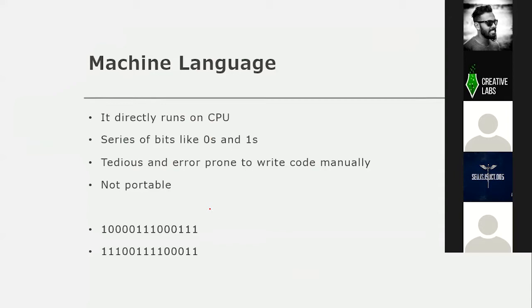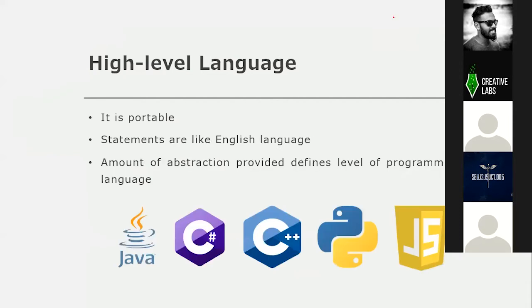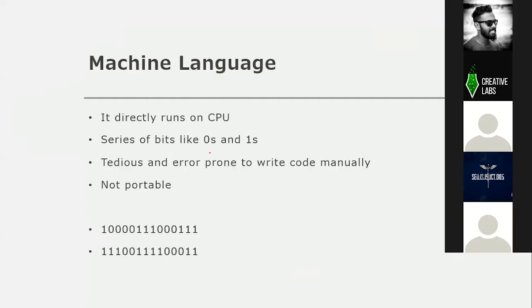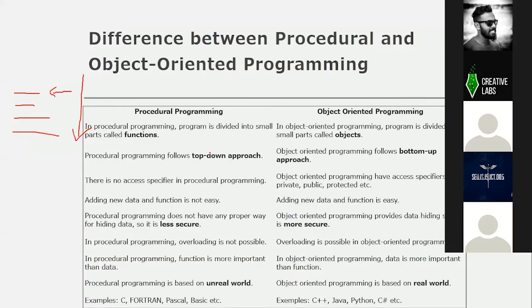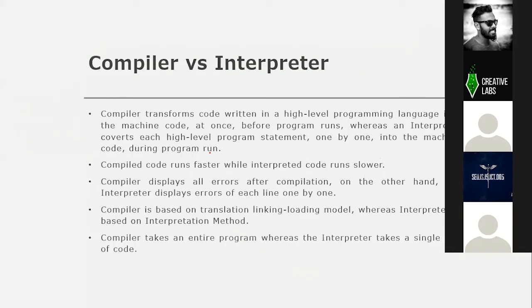As I mentioned before, the computer only understands ones and zeros, those 2 bits, nothing more than that. Here the statements are like the English language, so how is the computer going to understand English? That's a problem. So to convert high level language into machine language, they introduced something called compilers and interpreters.